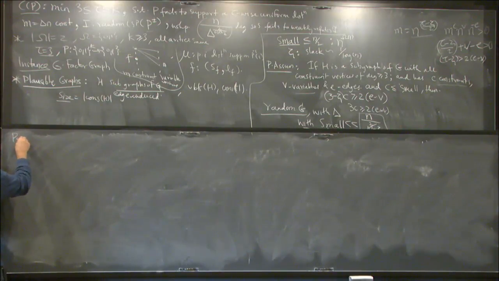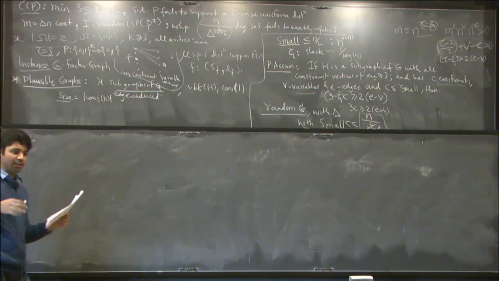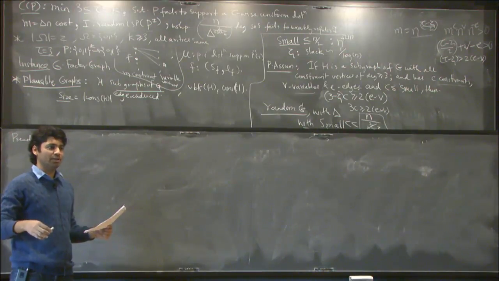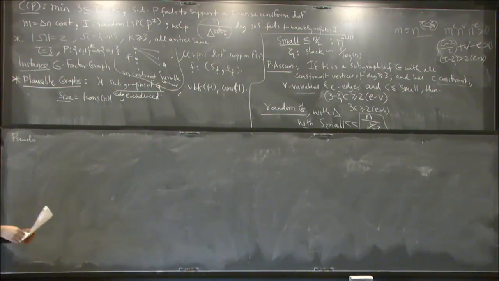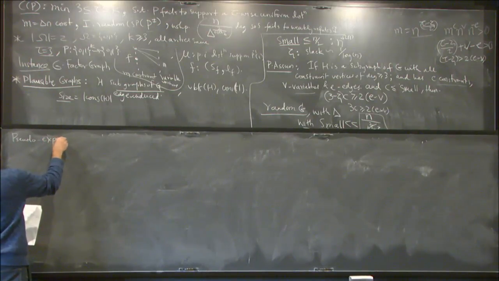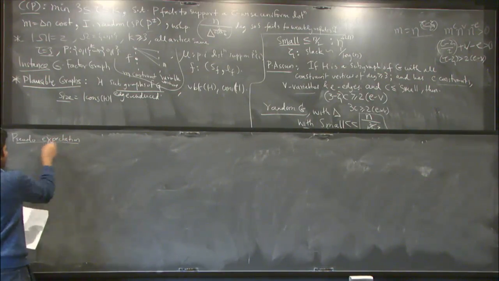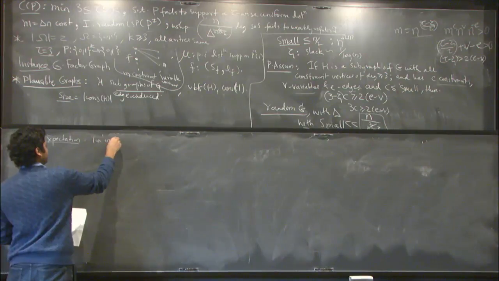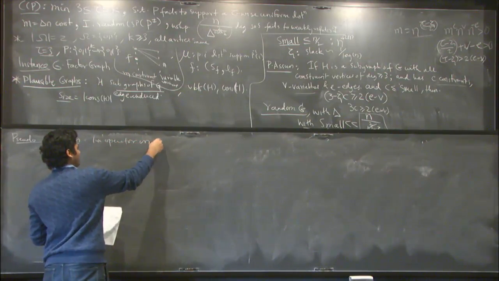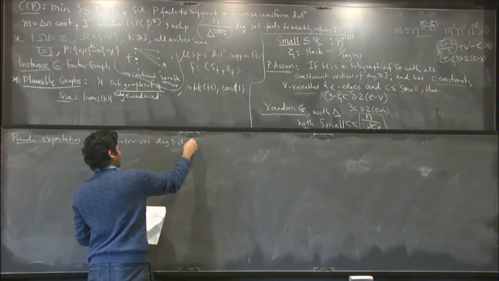A basic object in a sum of squares algorithm is a tool to solve polynomial optimization problems. The basic feasible object, the feasible point of such a program, can be thought of as a pseudo expectation, which is just a linear operator on degree at most d polynomials.